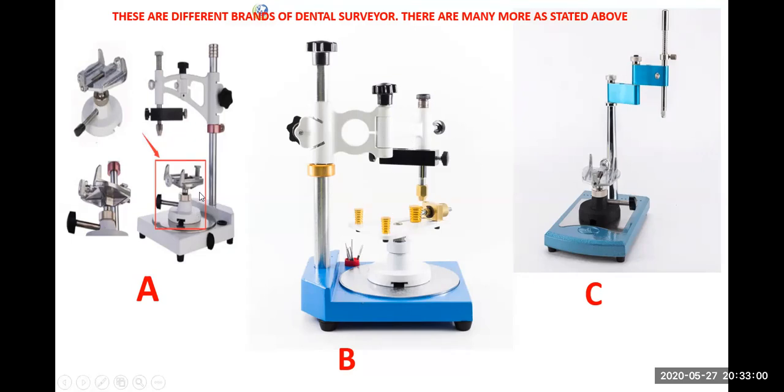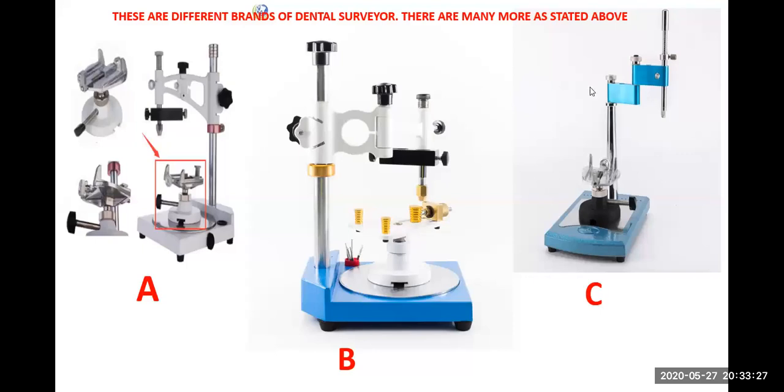You see the surveyor which I label A, the B surveyor, and the C surveyor. They are different and unique in their own ways. But they do the same thing. They do the same thing, but they appeal to different designs and different conveniences of the user.